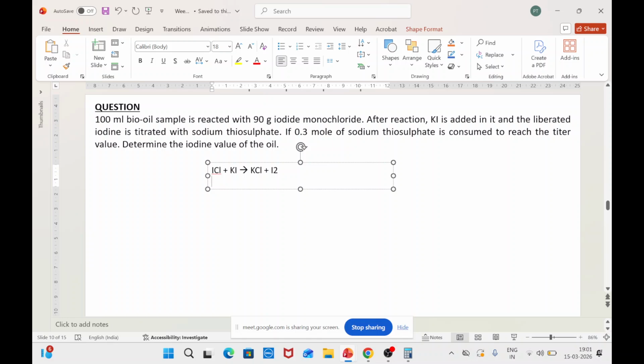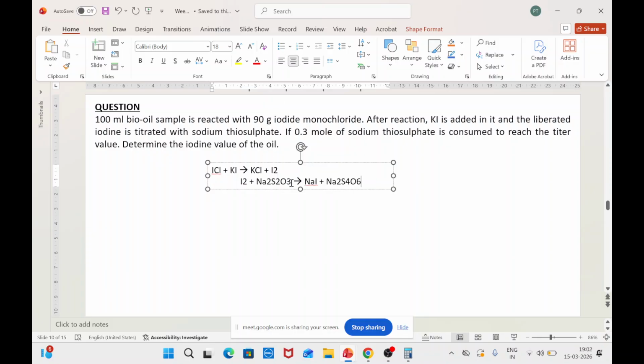This iodine then reacts with sodium thiosulfate, formula Na2S2O3, and that gives sodium iodide plus Na2S4O6. So this is the reaction.